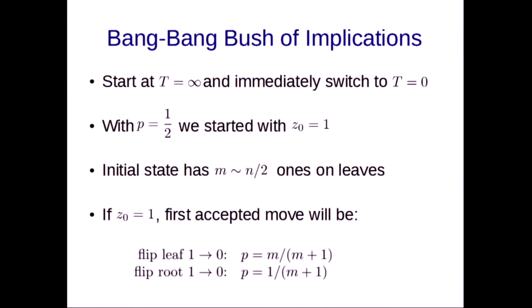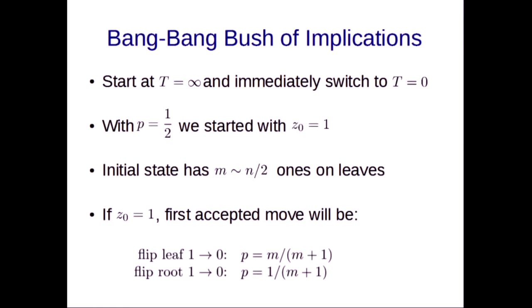So you can see that the initial state, let's call m the number of ones on the leaves. Initially that's going to be around n over 2 on average. And so if we were lucky, we got z, this root bit, to be what it should be, a 1, then the first accepted move will be: we're going to flip any of the things where flipping them decreases the energy.